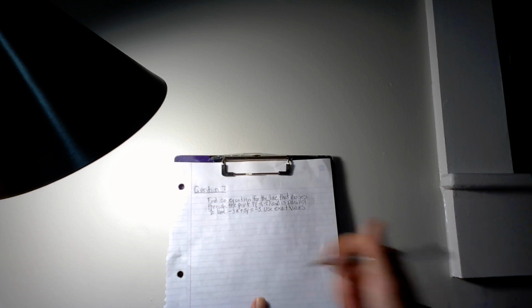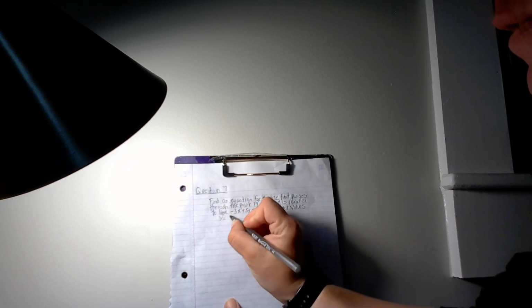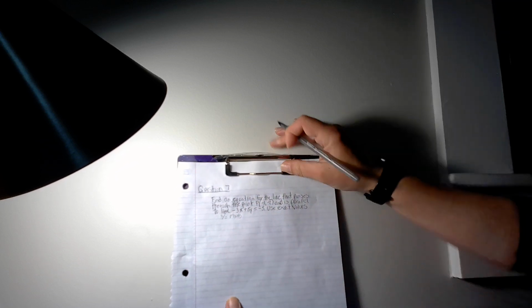Next question that I chose is question 7. It is: find an equation for the line that passes through the point P(-1, -2) and is parallel to the line -3x plus 5y equals -5. Use exact values. At first, you would have to convert this to the slope-intercept form, which is y equals mx plus b.